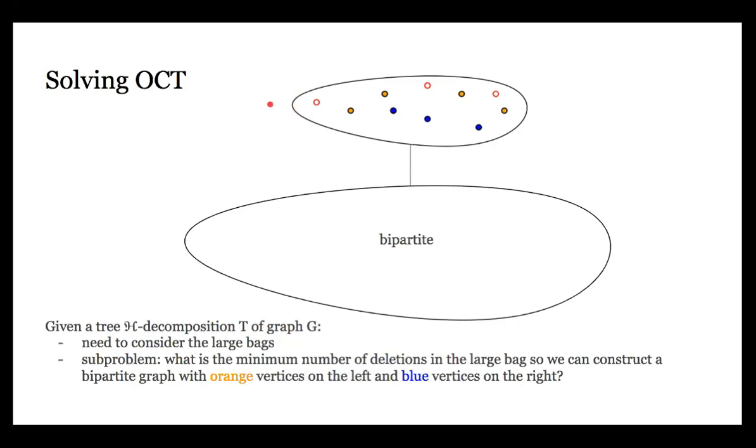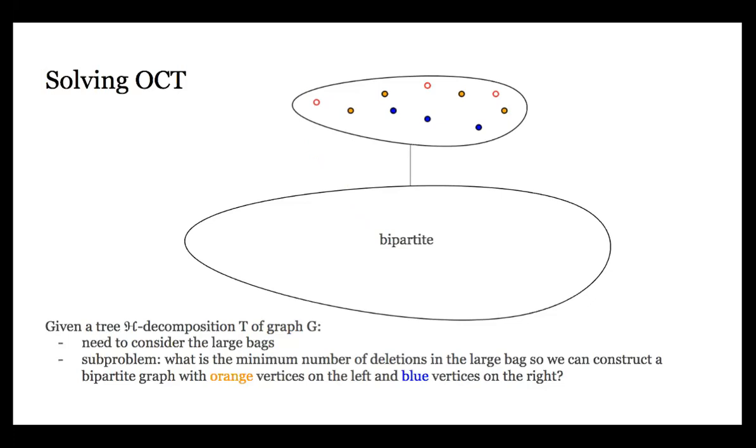So how is the situation here? This bag might be large, but we know it belongs to our target class. So the vertices in here induce a graph belonging to our target class, here a bipartite graph.